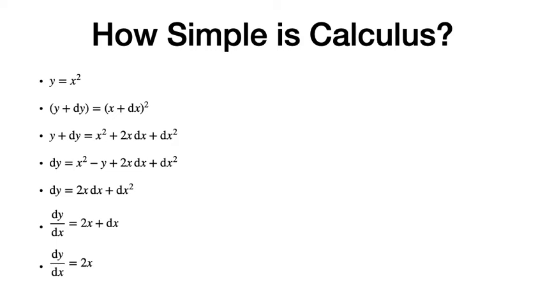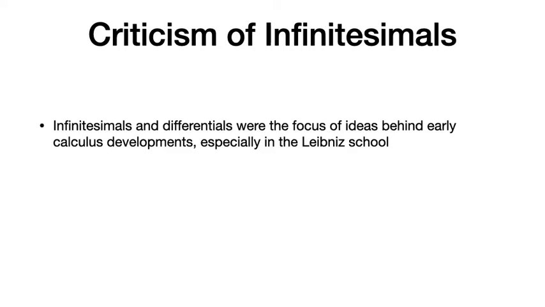However, when infinitesimals were first introduced, there were quite a few criticisms. Early calculus focused heavily on infinitesimals, especially Leibniz. There were two main people who generated calculus: one was Leibniz, the other was Newton.